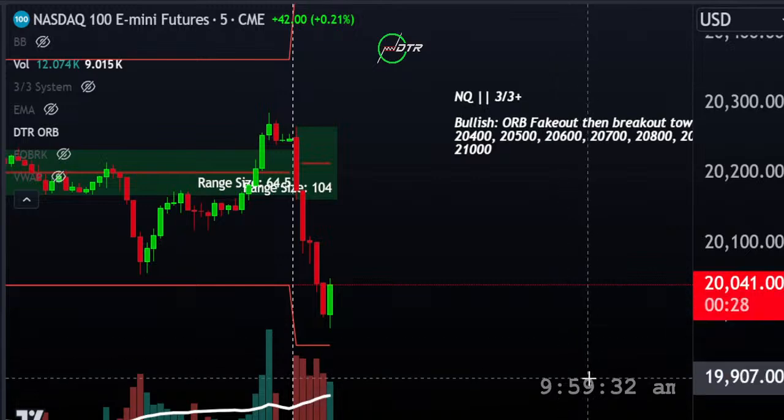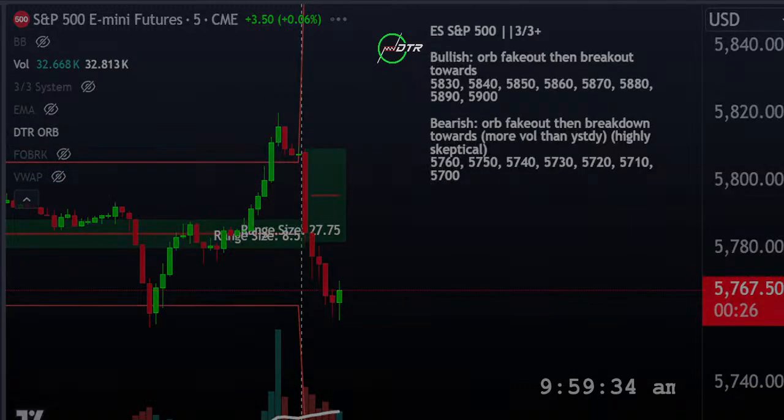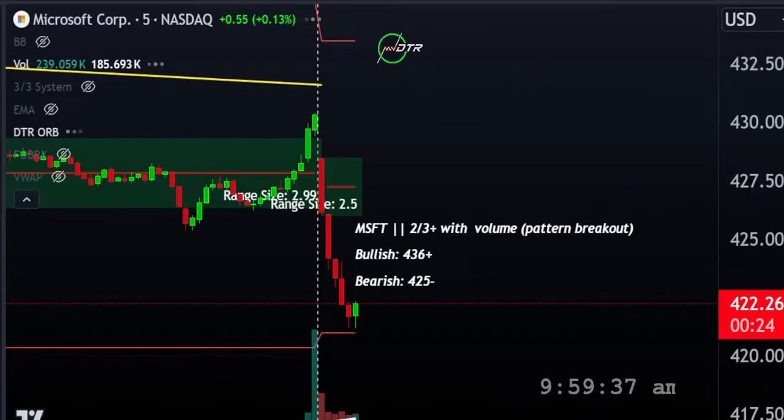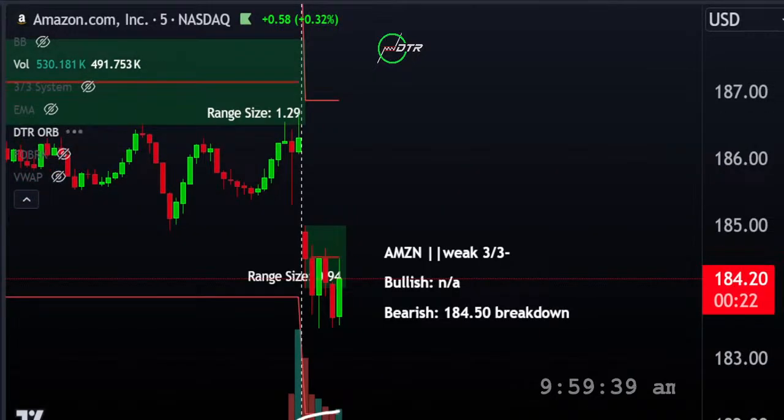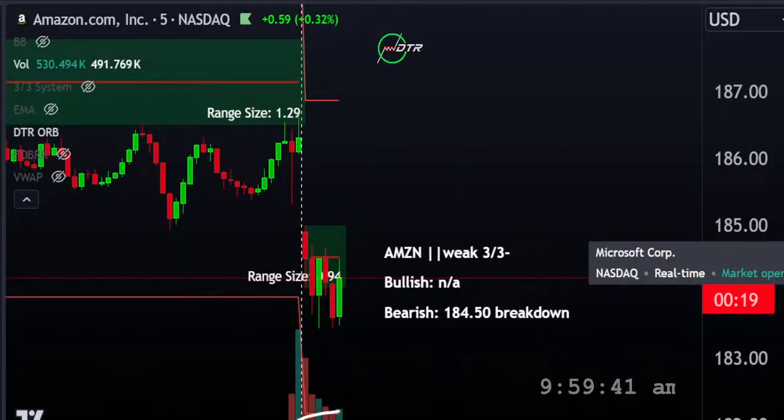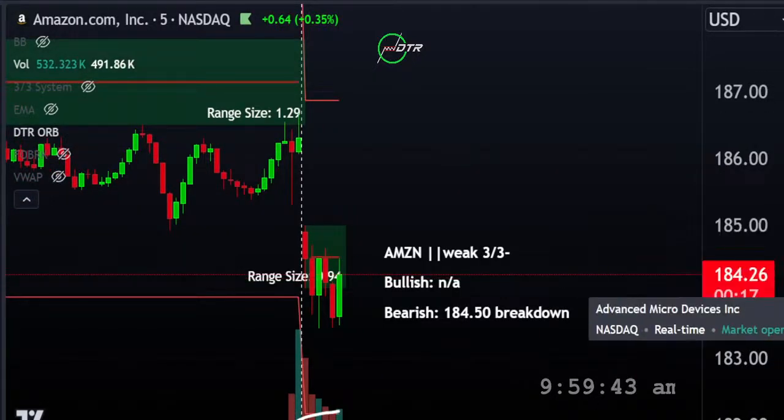And let's see if bulls can reverse here. Elevators are fast, stairs are slow.